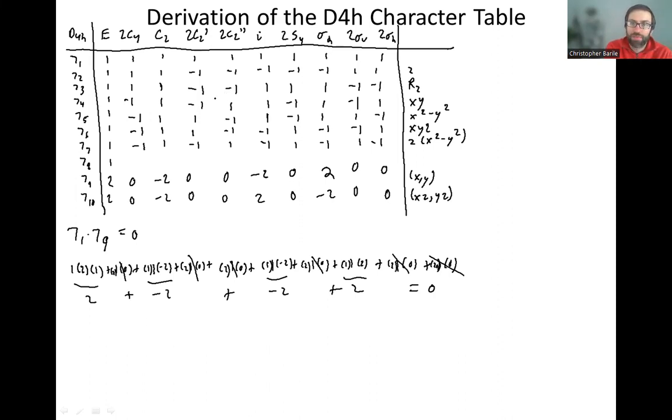When you're normalizing for this, remember there's 16 operations in this point group. So 8 of those operations are going to have to be positive ones, and 8 of those are going to have to be negative ones in order to get you equal to 0 for being orthogonal to gamma 1, right? Because gamma 1 is all positive ones. So how can you split this up?